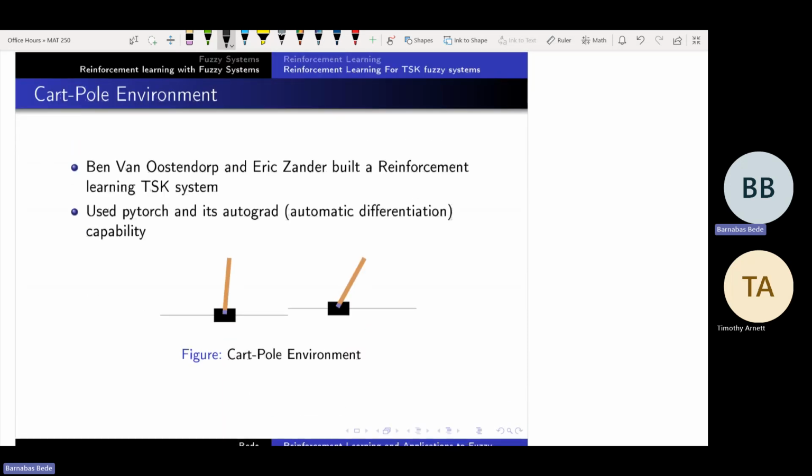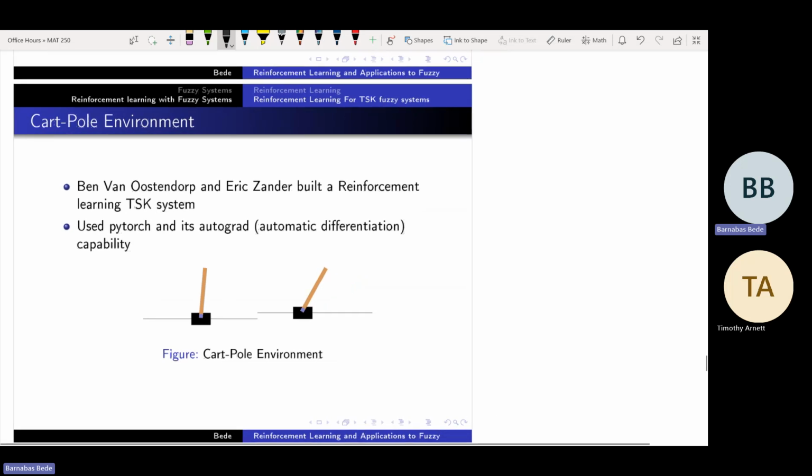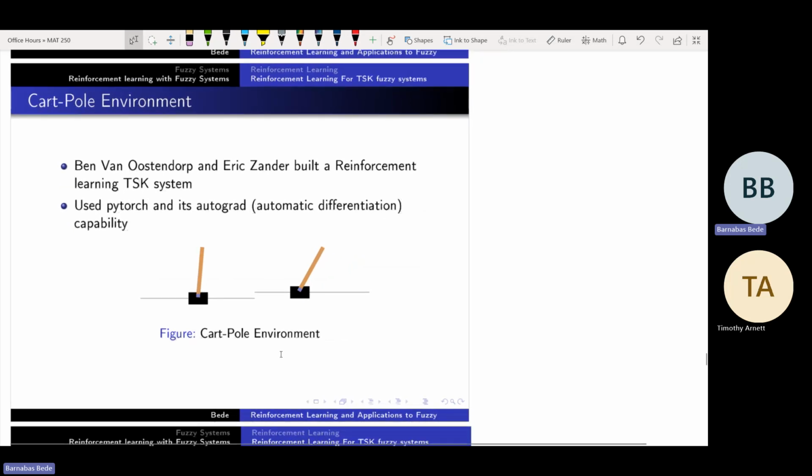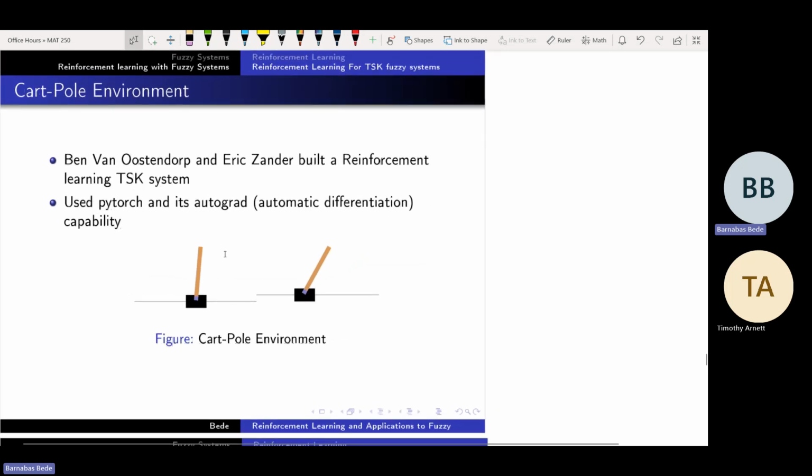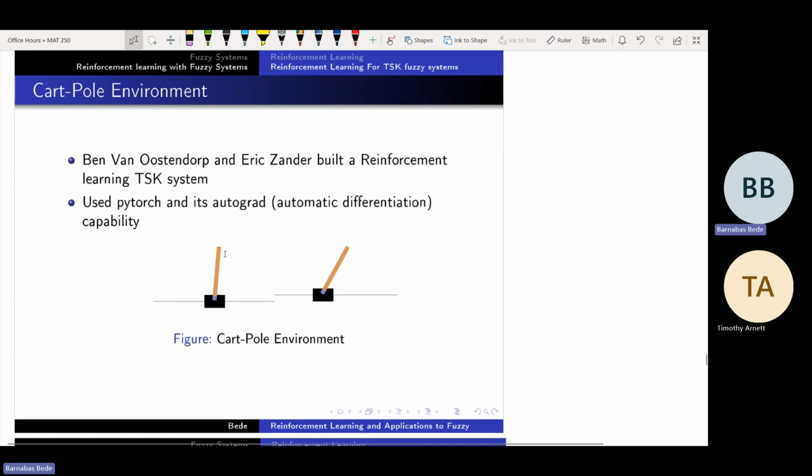Another application that I wanted to cover today is an interesting one that was built by Ben van Oostendorp and Eric Zender, together with my advisor's contributions.